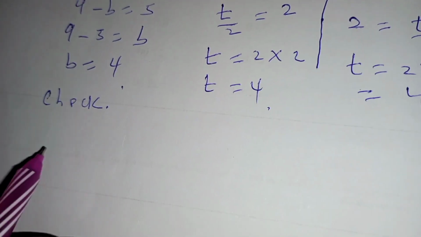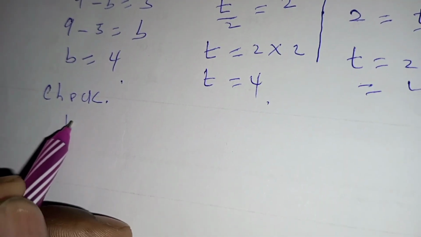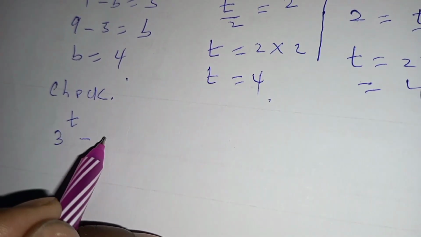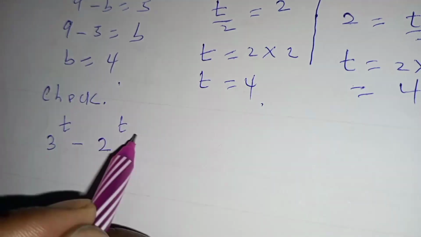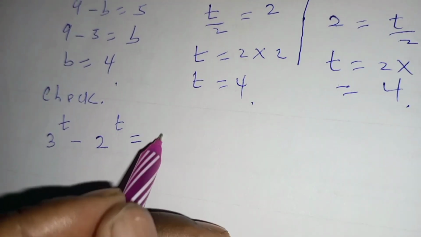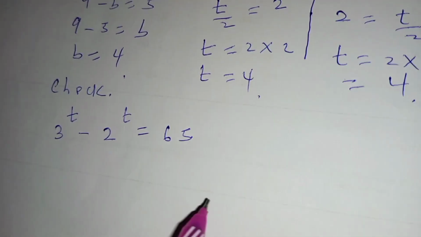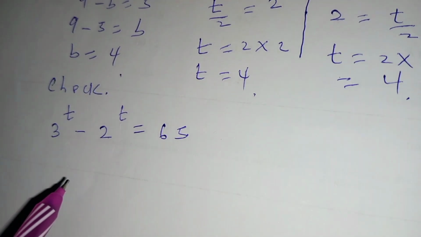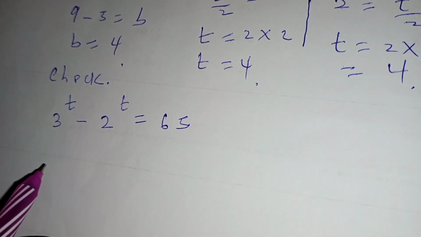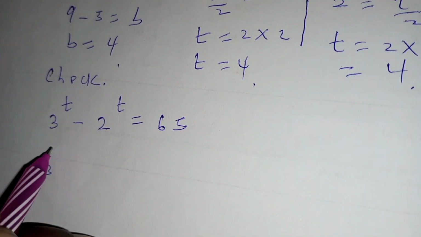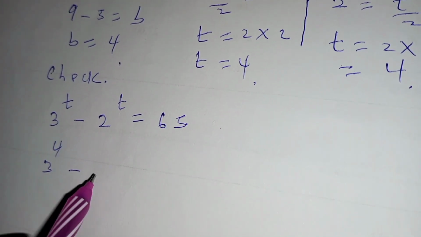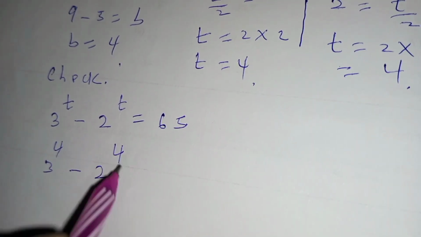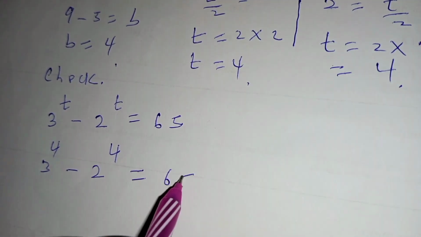Remember, our equation was 3 to the power of t minus 2 to the power of t, which is equal to 65. So we substitute, we have obtained the value of t being equal to 4. So you have 3 to the power of 4 minus 2 to the power of 4 will give us 65.